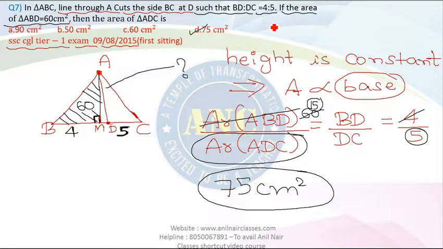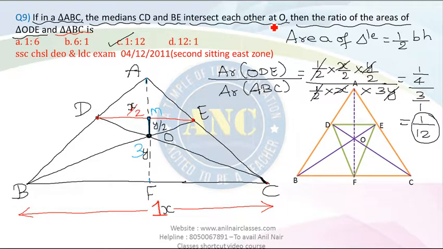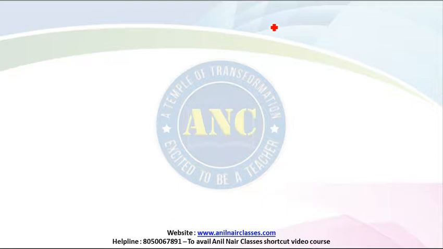The height of triangle ADC is also AM. Both the triangles are sharing the same height. That means height is constant in this case. Questions 6 and 7 illustrate height is constant. Question number 10 illustrates base is constant.